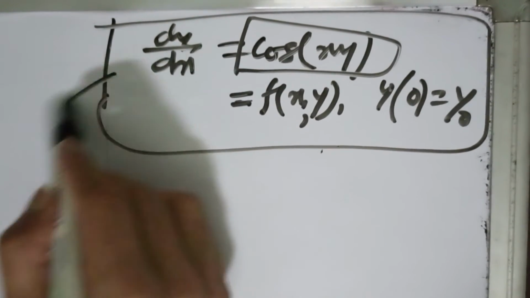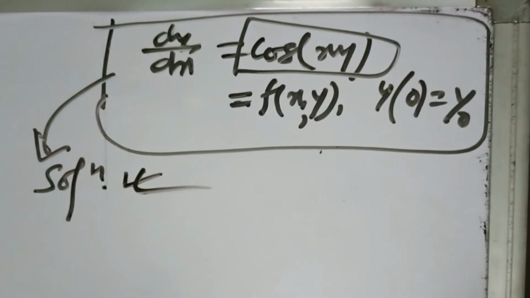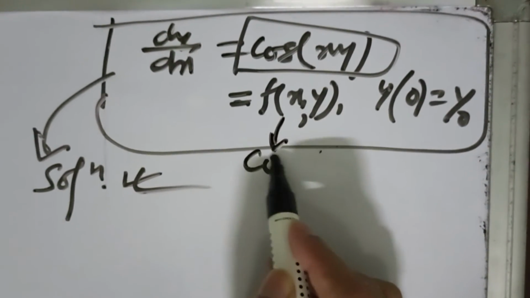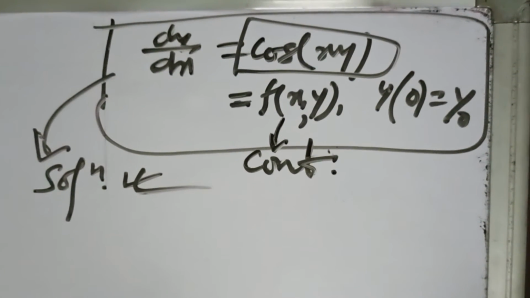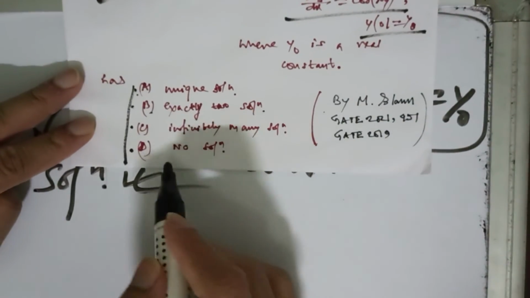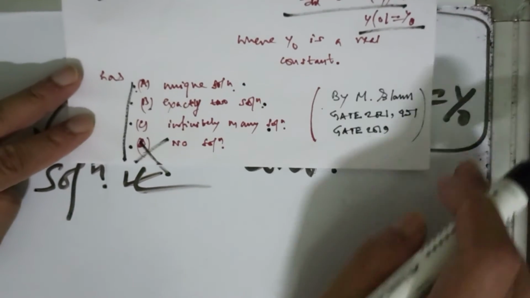So this initial value problem clearly has a solution, always, because f(x,y) is continuous. Since f is continuous, it always has a solution. Now we have to check whether it is a unique solution, or infinitely many, or no solution. No solution is not possible because f is continuous, so it has a solution. So option 4 is incorrect. So either 1, 2 or 3 may be correct.